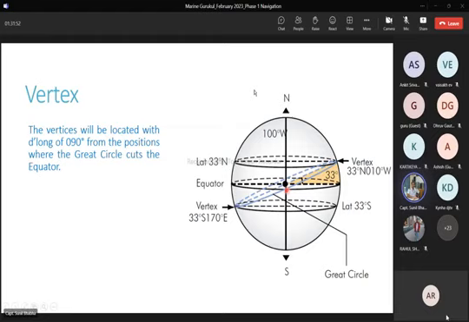You can follow the laser pointer. Now it is at this particular position that the blue great circle is crossing the equator. After crossing the equator, the great circle track moves in this particular way and it reaches the vertex here. This is the highest latitude where the great circle touches. After this, the latitude starts to decrease.